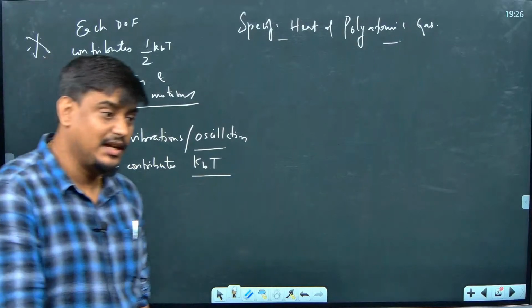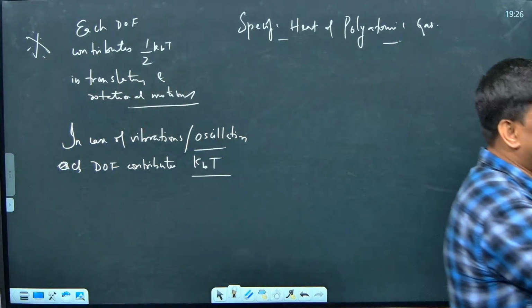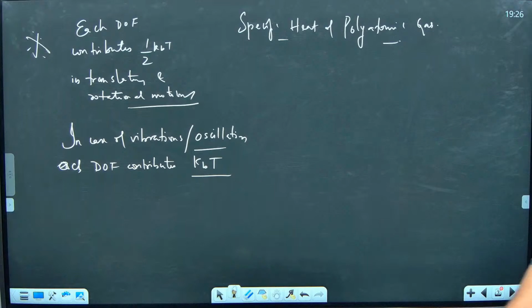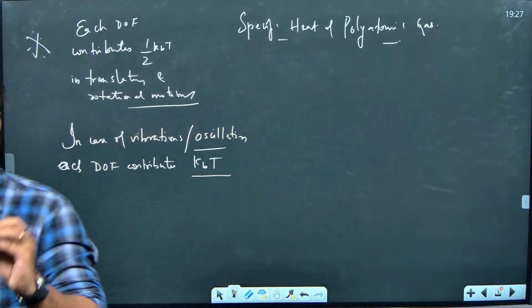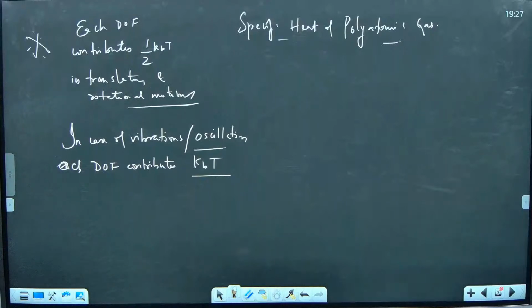Remember this. So, the law of equipartition of energy, what I taught you last class, was only for translatory and rotational motion. It was found that in the case of vibrational motion, the energy contribution of each degree of freedom is kT, not 1 by 2 kT.